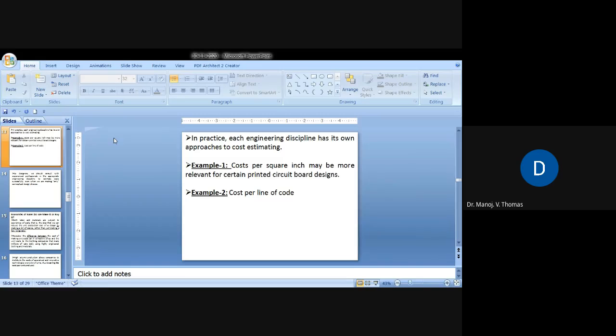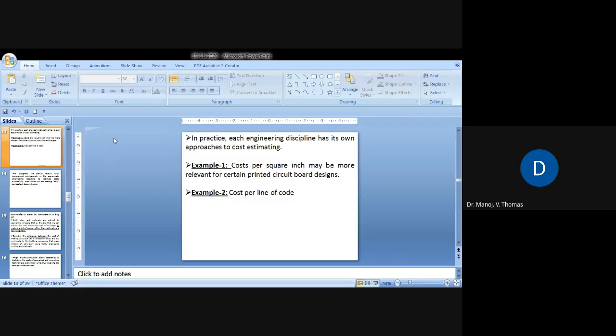For example, in computer science, in software, cost per line of code. We will calculate the cost per line of code. Say, for example, there are 10 people working on a project, and this project has 10,000 lines of code. And these 10 people are working for 10 days. So I need to calculate it. 10 people, their salary for 1 day multiplied by 10 days, so total salary.